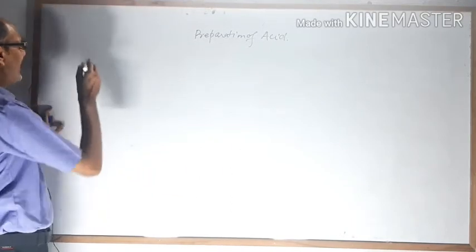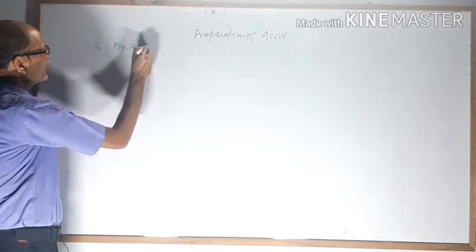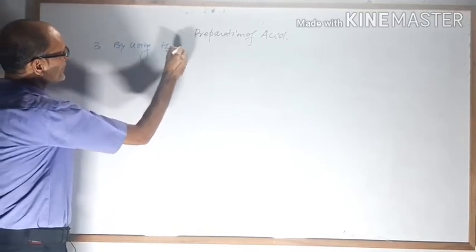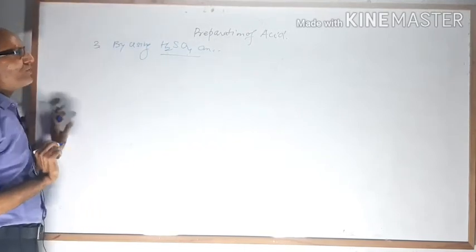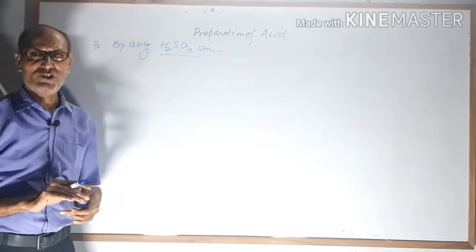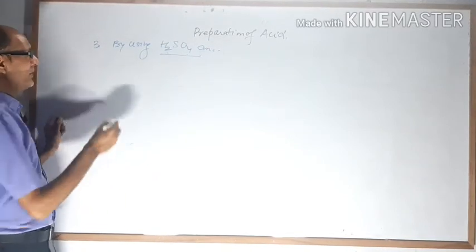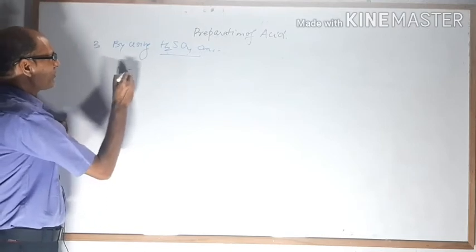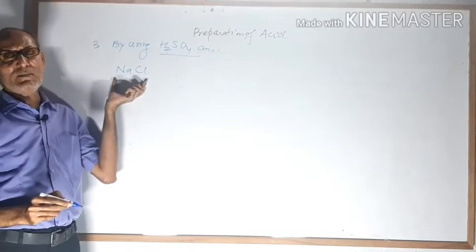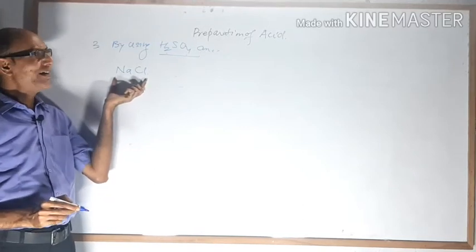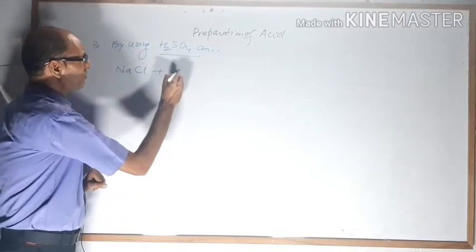So by using concentrated H2SO4, suppose you want to prepare hydrochloric acid. Its formula is HCl. So you will take any chloride salt like sodium chloride, potassium chloride, lead chloride, any chloride salt, and react it with H2SO4.